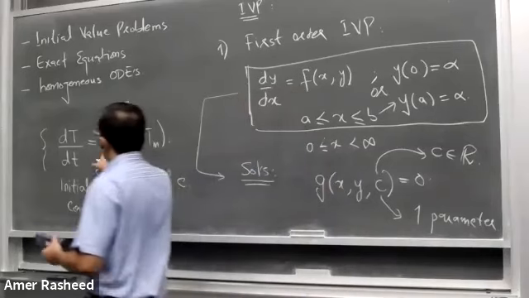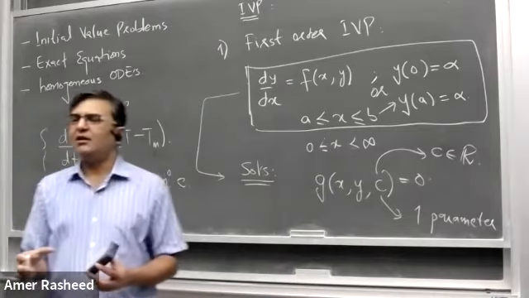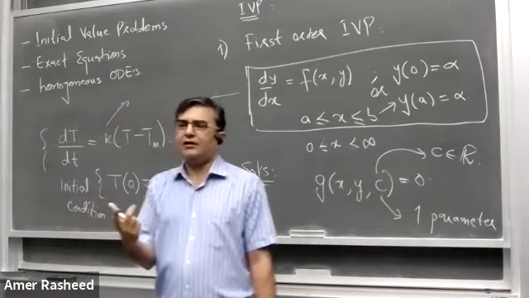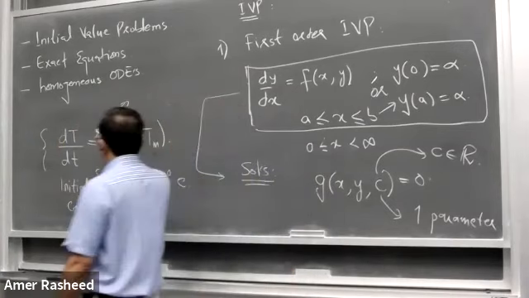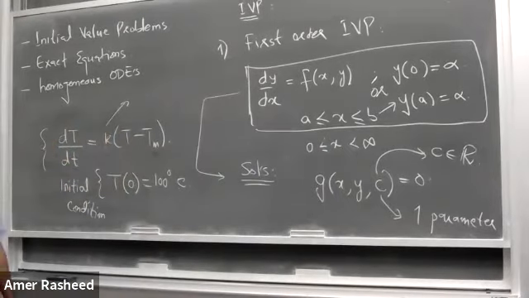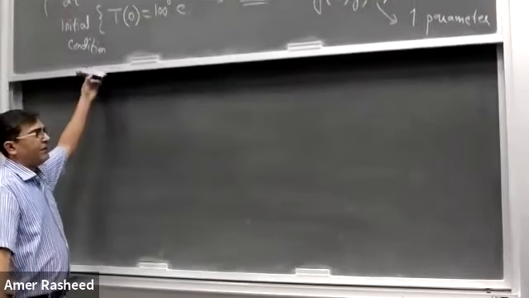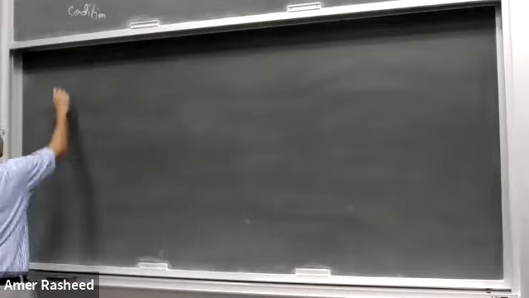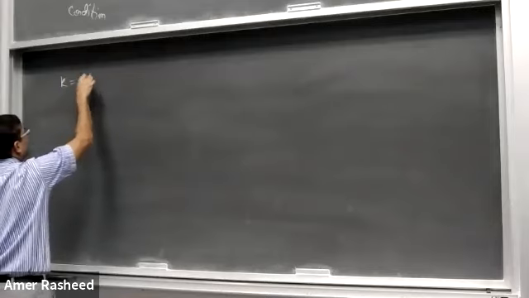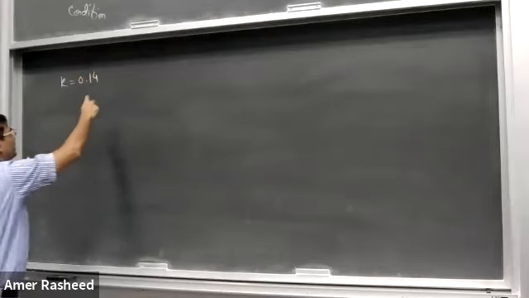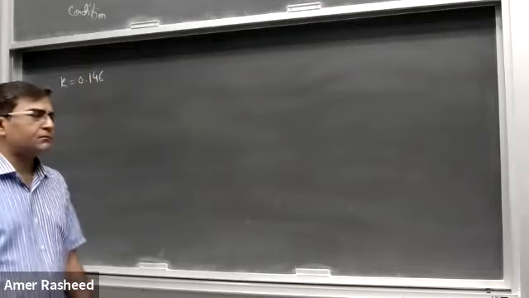So this k is fixed for different materials. If you are working with tea, then tea is just like water, so the heat capacity of water is defined. That is fixed. It has been computed by experimental physicists. I don't remember its exact value, but it is something like 1.4. You can see the value of k on Google.